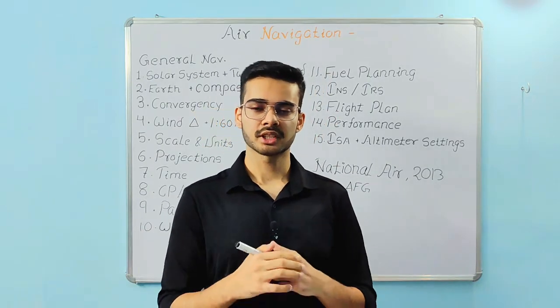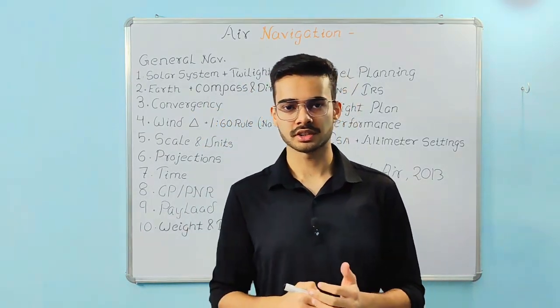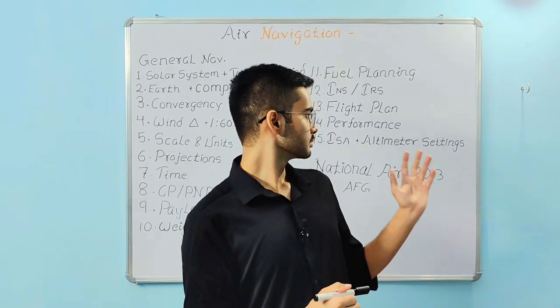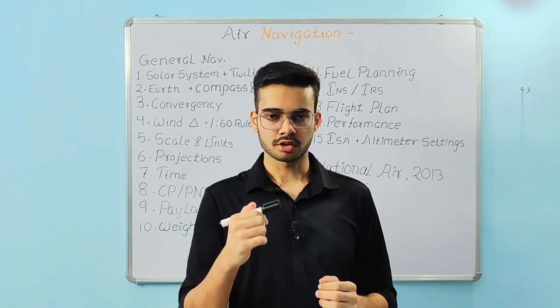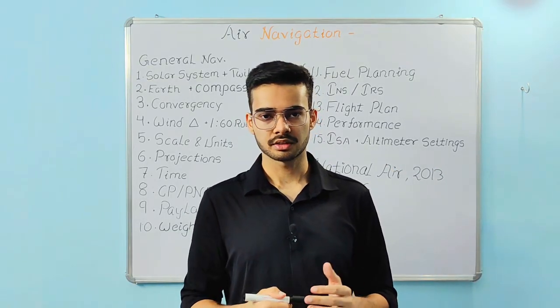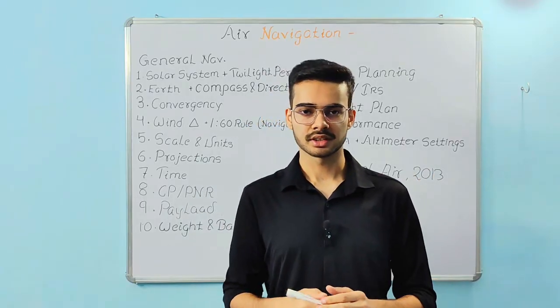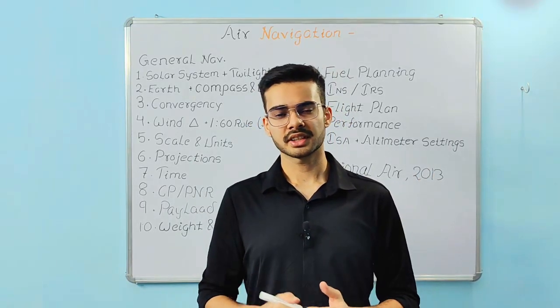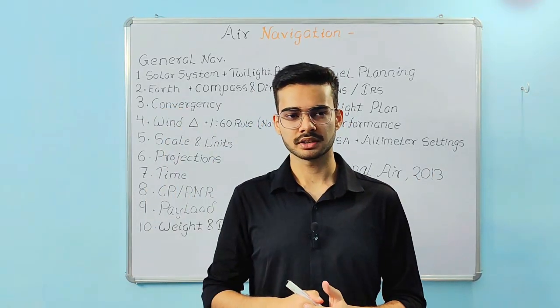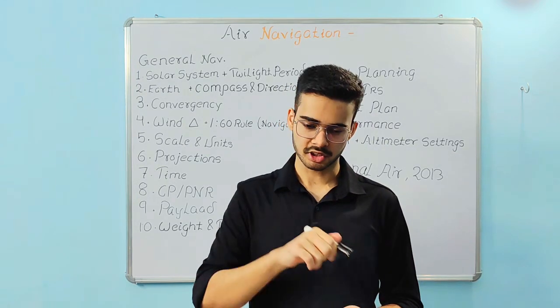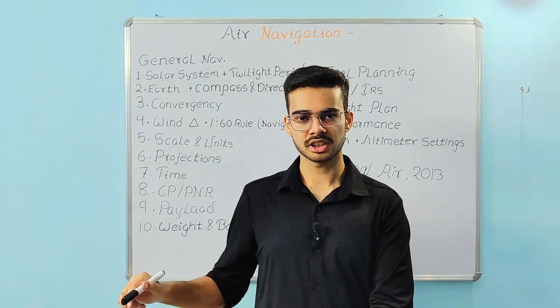Altimeter settings, a very important topic, and a lot of questions come in, not only in navigation but also meteorology and regulations. What's this altimeter setting? So when we say our flight is at 33,000 feet, is it from the ground below us, or is it from the sea below us?